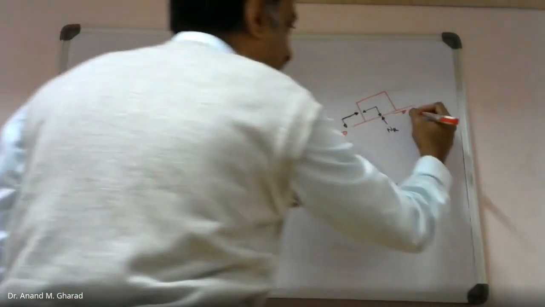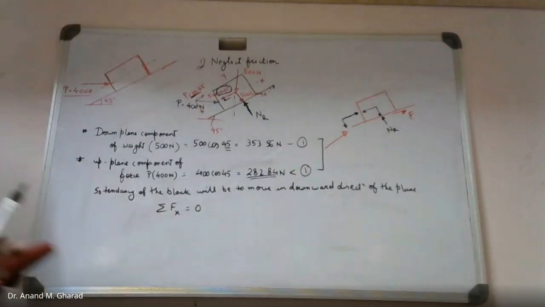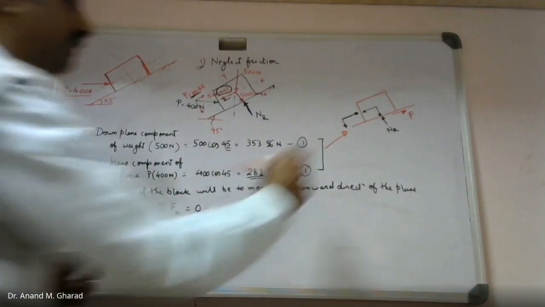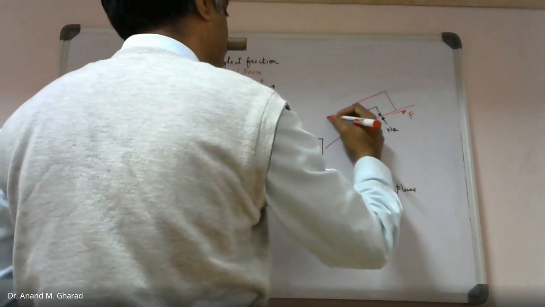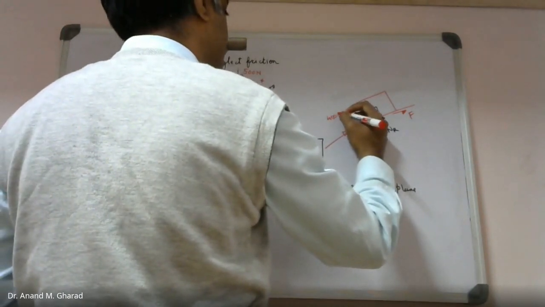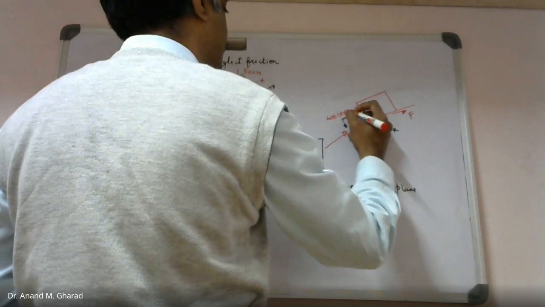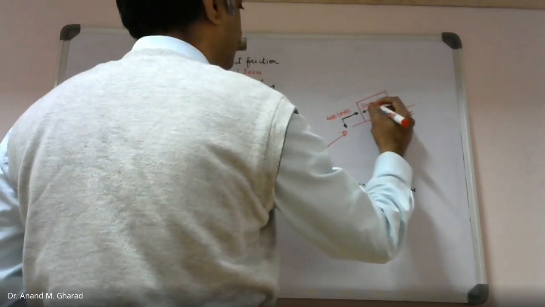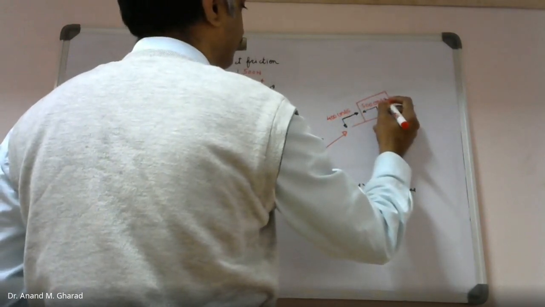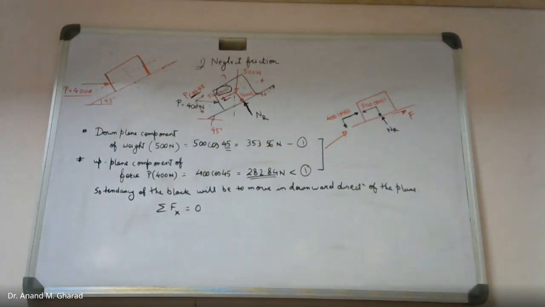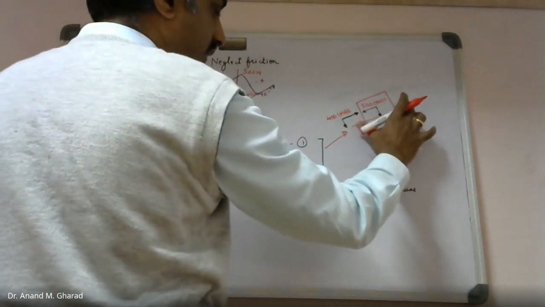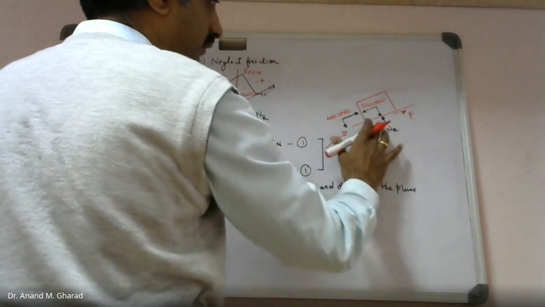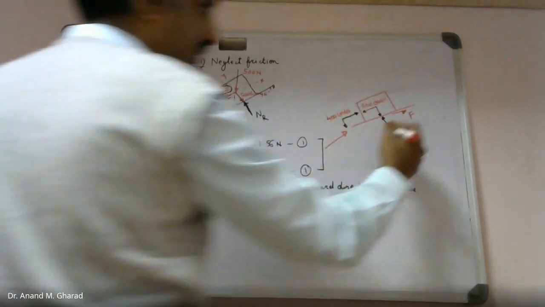Let me call this capital F. We know the components of this force as well as this force, 400 cos of 45 and 500 cos of 45. This is the modified free body diagram for our next calculation.